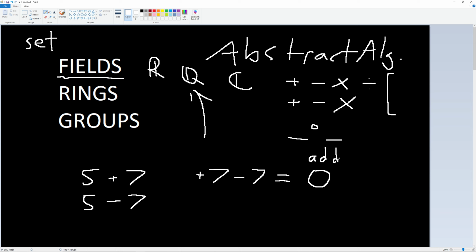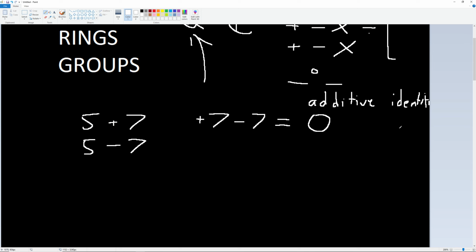So we're using a lot of special language to really just say things that you probably already know, right? The additive identity is, what's an identity? An identity is a thing where you apply the thing and you get back, there's no change, basically. So it doesn't matter what number I take. If I add 0 to it, I get back the original thing. So that is the additive identity in ordinary addition.